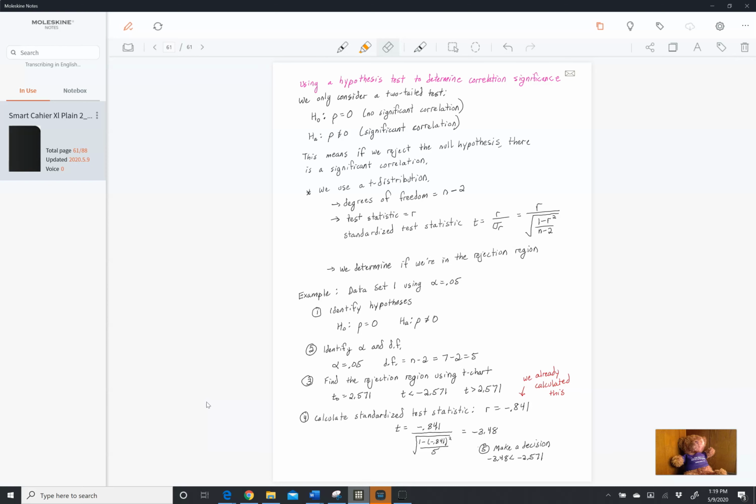So there is a significant correlation. Can you see this? We reject H sub 0. So there is a significant correlation.